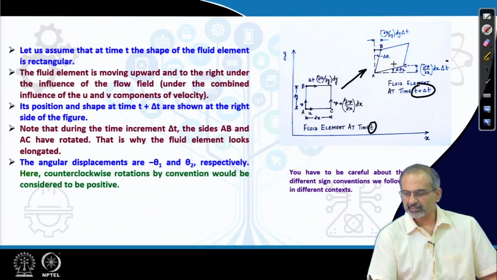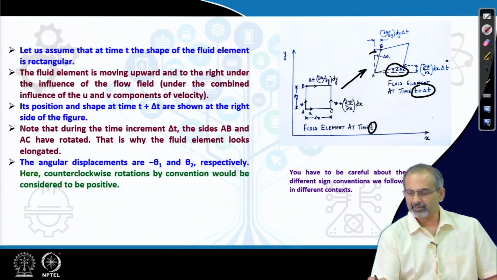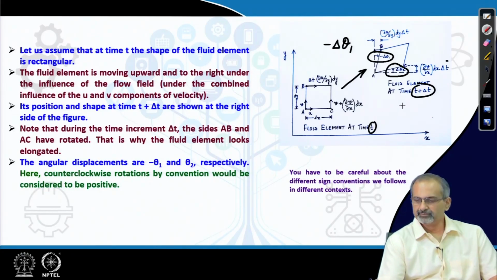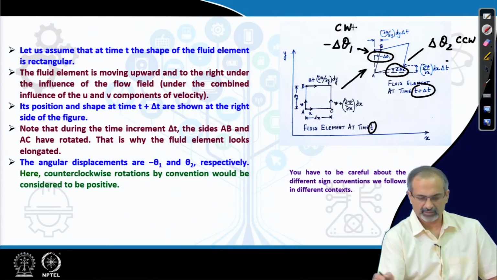You can notice that the side AC has moved in the counterclockwise direction by a small angle delta theta 2, and side AB has moved clockwise by an angle minus delta theta 1 during this time. So, this is counterclockwise and this is clockwise.